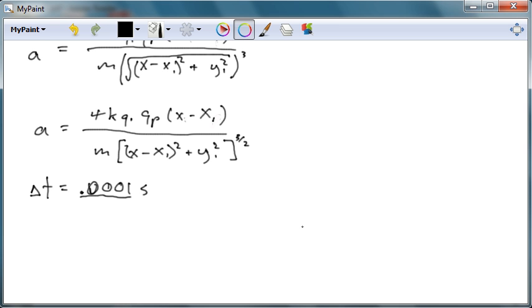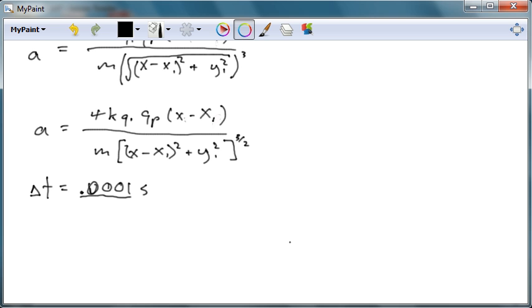And our idea is during such a short time interval, the velocity changes by such a little bit that we can say the change in position is just the velocity times the duration of the time interval. That's how much the position changes during that time interval, how far the particle moves. And the change in velocity is just going to be the acceleration times that time interval.